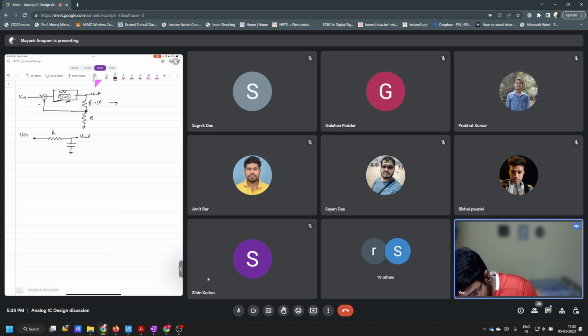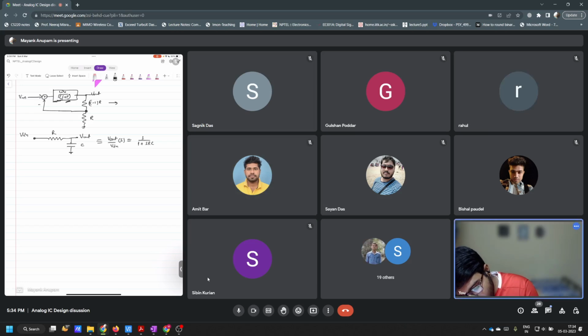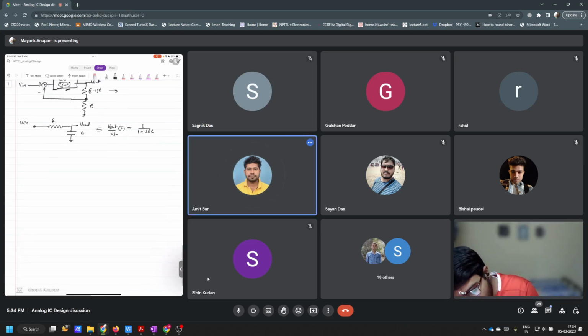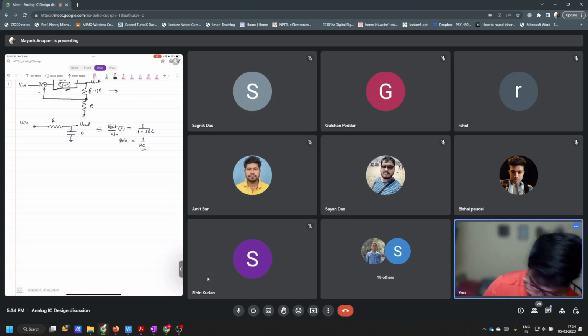This is R, this is C. So what is V out by V in in this domain? 1 by 1 plus sRC, right? So in this case, what is the pole location? 1 by RC, right? Fine.